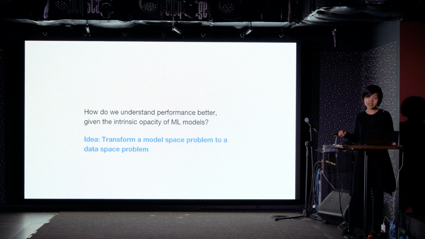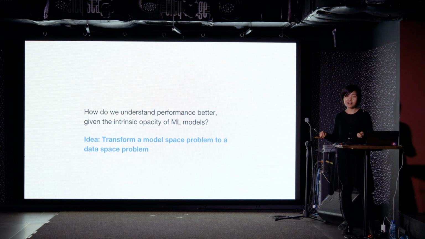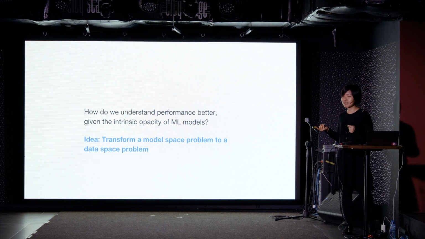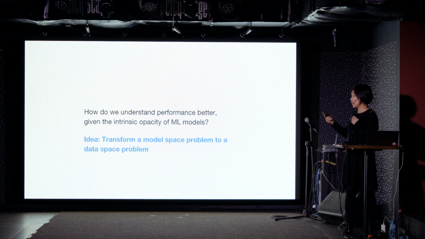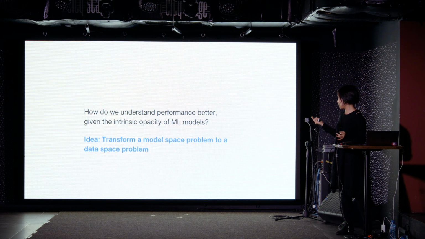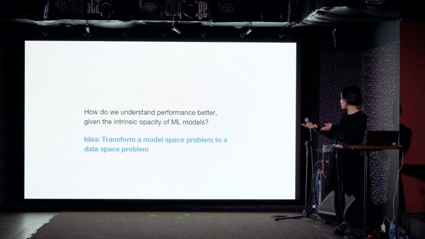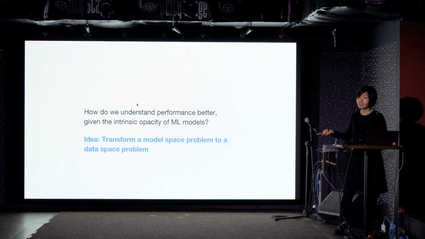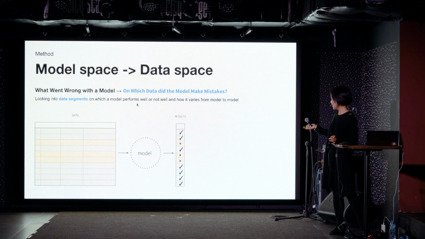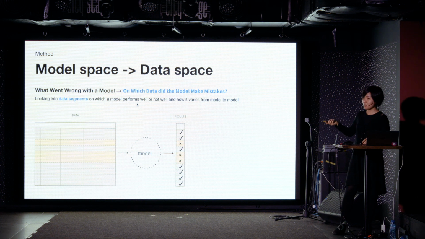Since machine learning algorithms are intrinsically black boxes, there's an inherent complexity that prevents us from knowing the model from inside out. Given that condition, how do we understand model performance better? The idea we're proposing is that we transform a model space problem into a data space problem. By that, we mean that instead of looking at what went wrong with a model, we ask, on what data does the model make mistakes?